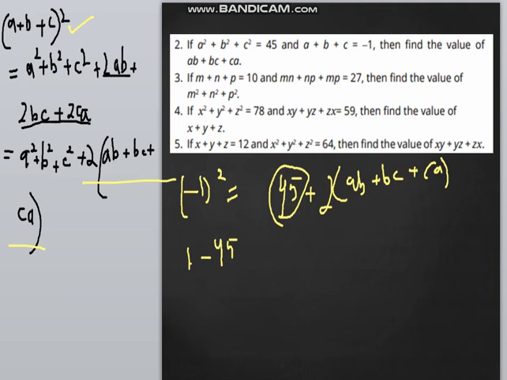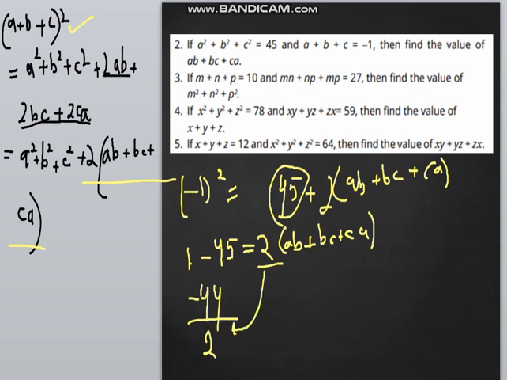So 1 minus 45 makes negative 44, and 2 is multiplying on the other side, so we just divide by it when we move it to this side.